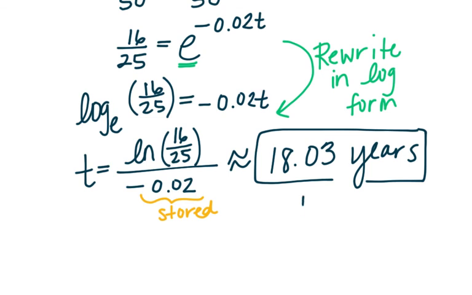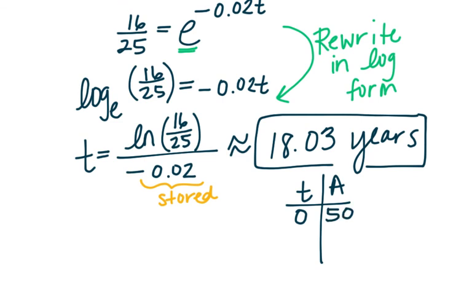So once again, thinking about this in table form, we said that we started at time 0 with 50 milligrams. And then we said that the half-life was 28 years. So it was going to take 28 years for our sample to decay to 25 milligrams.